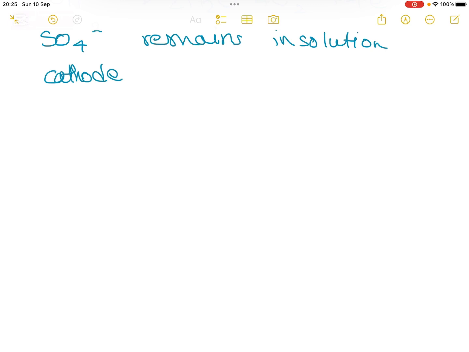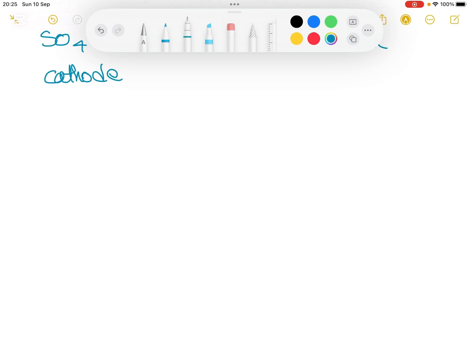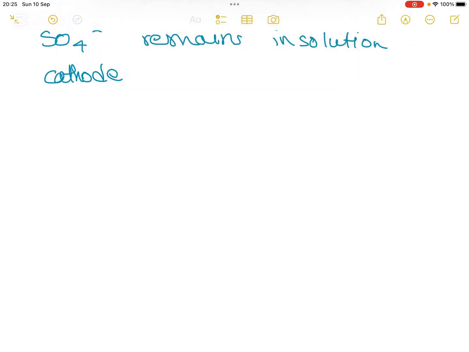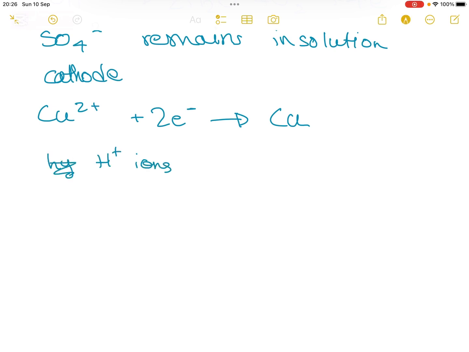So this is the equation, Cu2+ plus 2e- giving us Cu. And the hydrogen ions remain in solution.